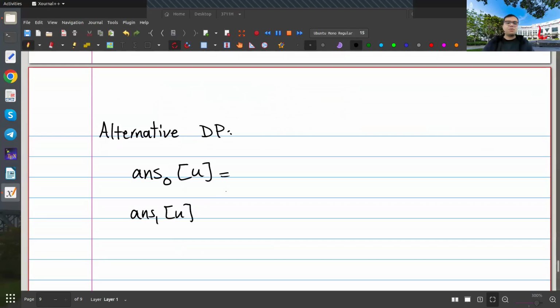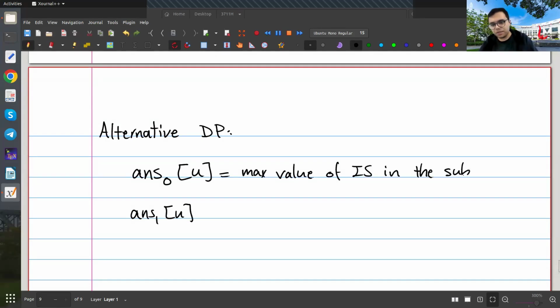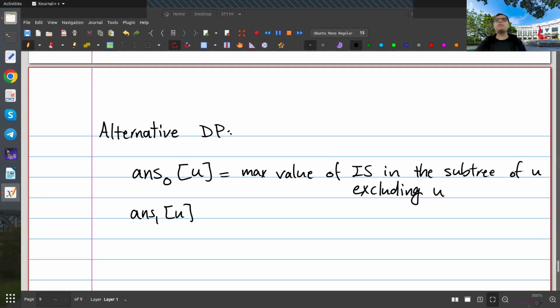And ans 0 of U is basically the maximum value of an independent set in the subtree of U, except that I want to make sure that I don't take U itself. So I only look at the independent sets that are excluding U. I can take any of the descendants of U, but I cannot take U itself.